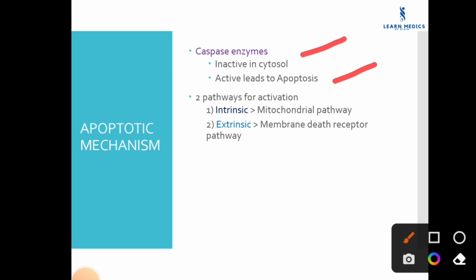The two basic pathways for activation of the caspase enzyme: the first one is the intrinsic or mitochondrial pathway, which is initiated by the mitochondria. Mitochondria are situated inside the cell, so it is called the intrinsic or mitochondrial pathway. The second one is the extrinsic pathway, or membrane death receptor pathway, which is activated by death receptors present in the membrane.